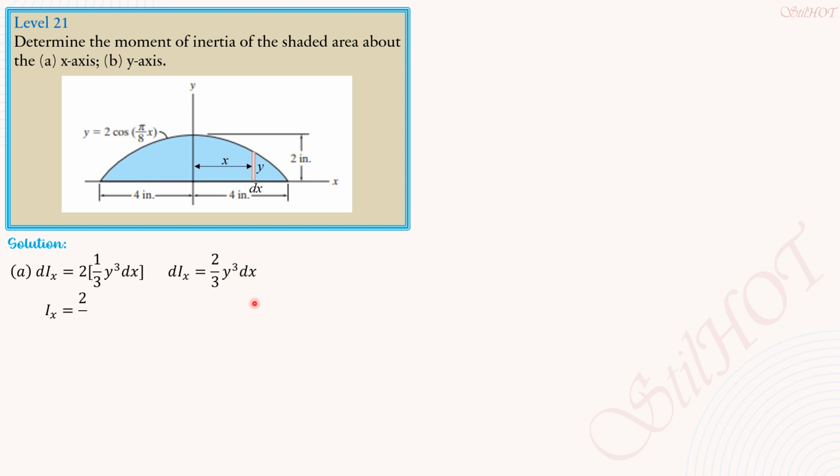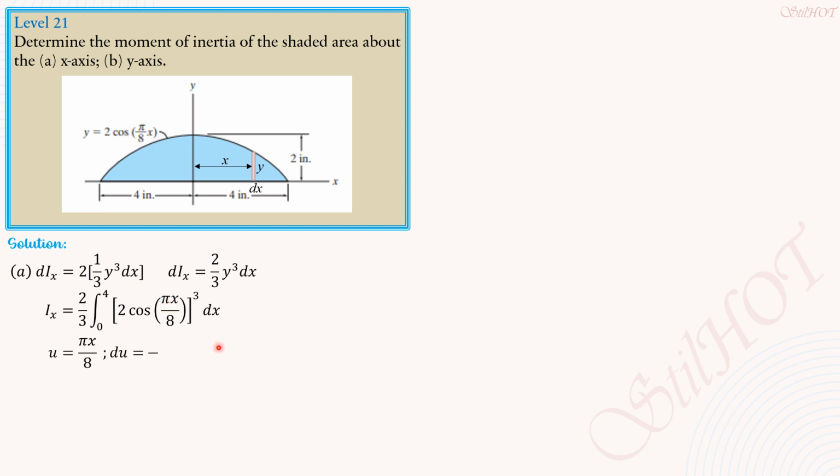So Ix is 2/3 integral of the quantity 2 cosine of the quantity pi x over 8, cubed, dx. So 2 cube is 8, times 2/3, 16 over 3. And let us denote u as pi x over 8.